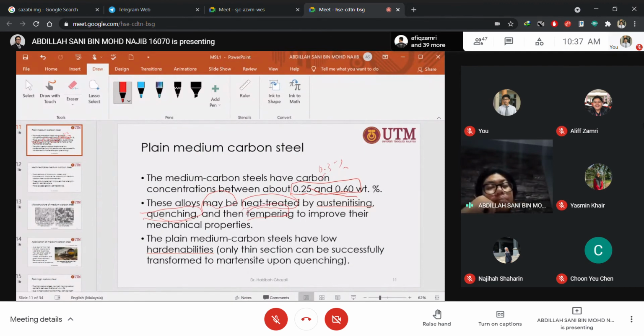So this plain medium carbon steel has low hardenability. It means that it is possible to form the martensite, but the carbon content is still low, so only the area near the surface can be hardened.